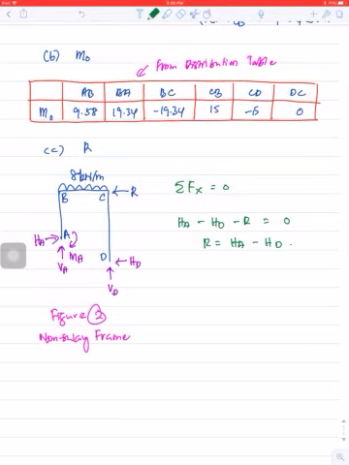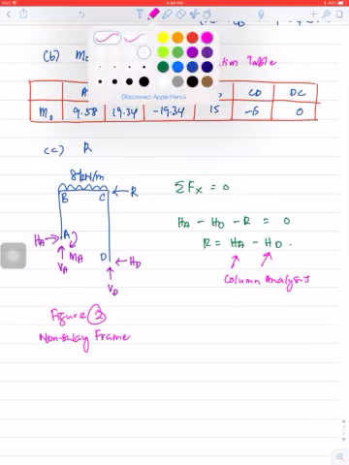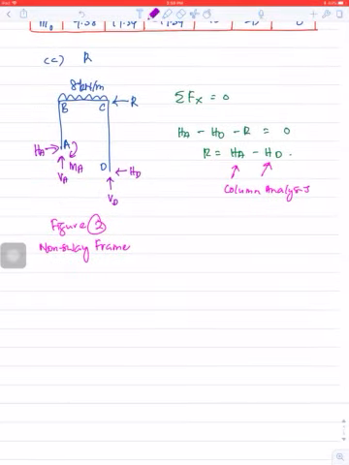To determine HA and HD, we will use the column analysis. So we will analyze column AB. This is the column.